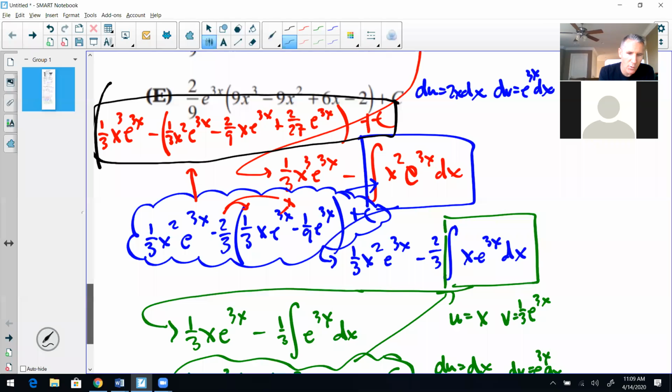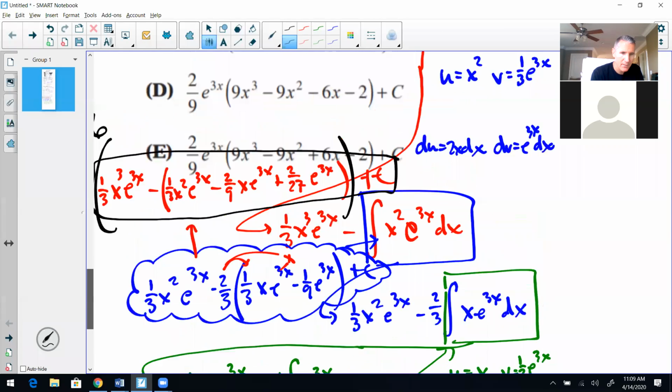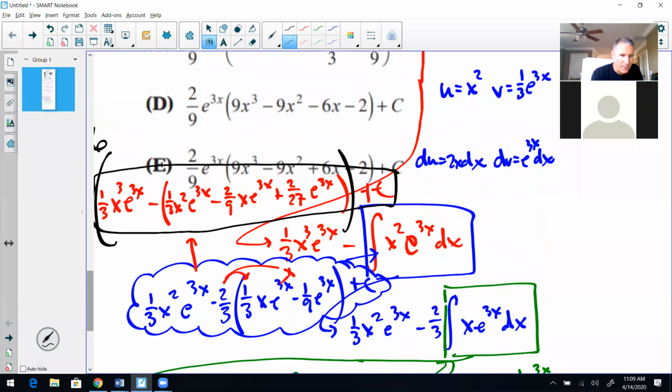So if I were to take this whole thing and multiply by 6, then that ends up being, let me see if I could do this. I'll do it right here. So that's going to be 2x cubed e to the 3x. And then minus 2x squared e to the 3x.